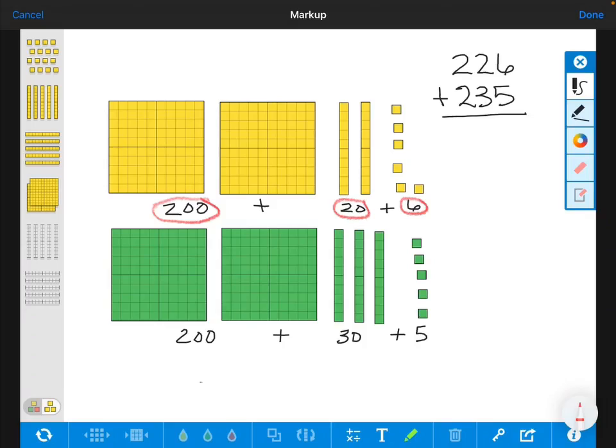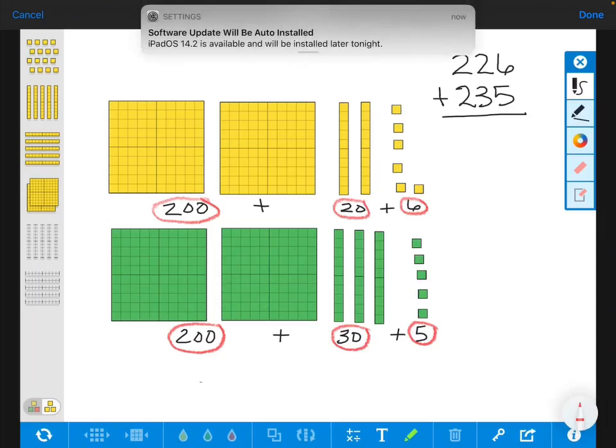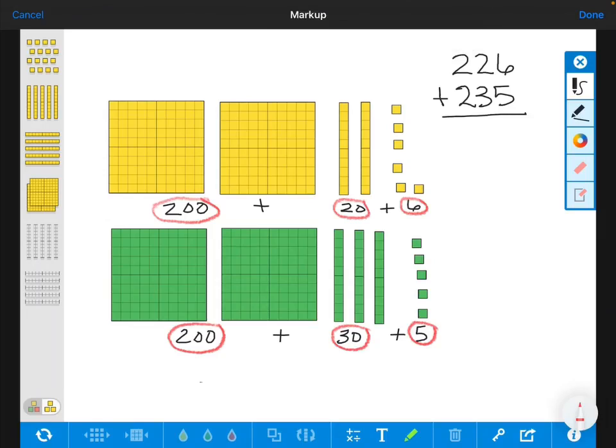And then in the green, I also have 200 plus 30 plus 5. So I've got 2 hundreds models, 3 tens models, and 5 ones models. All right, so we are going to be adding those numbers together, and then we're going to take a look at what's going to happen when we have to do some regrouping.